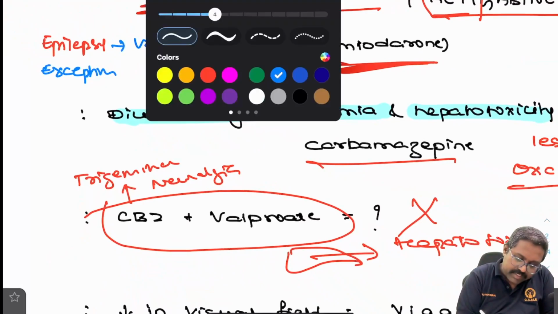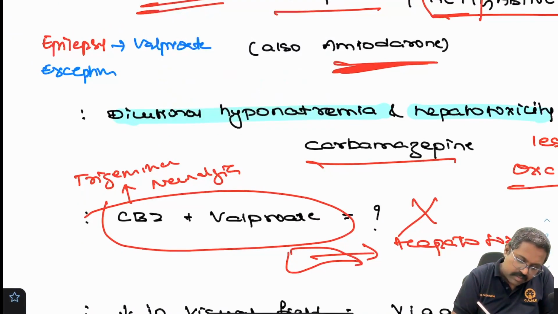What are the exceptions? Let us see here. The exception is partial seizures, where you will be using carbamazepine.